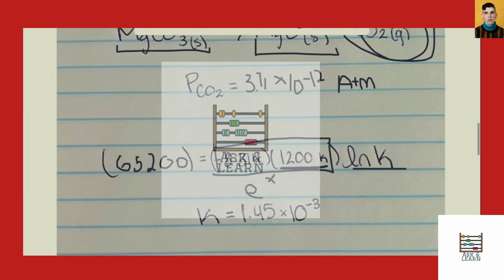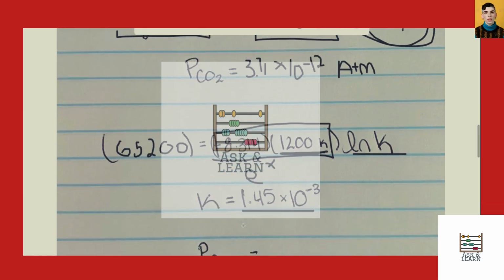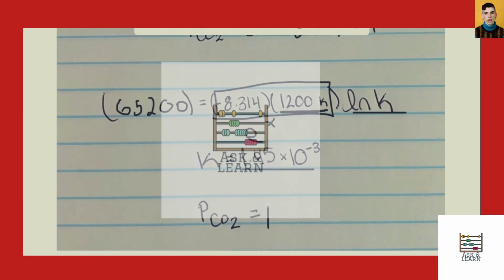You should get 1.45 times 10 to the negative 3, which would make the PCO2 1.45 times 10 to the negative 3 ATM.